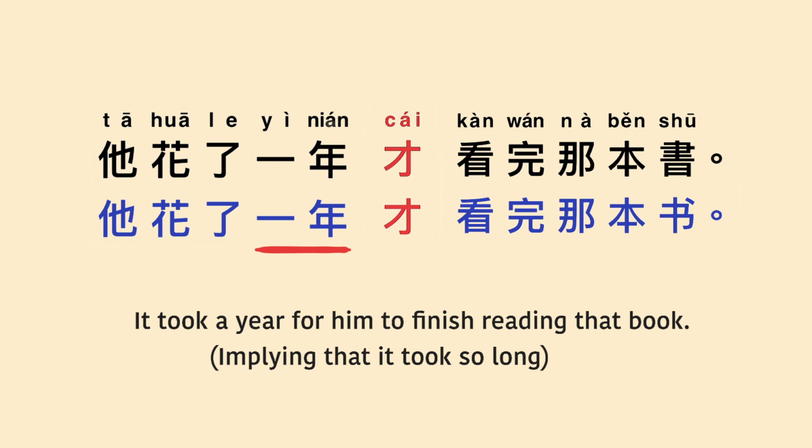If you have watched my previous video about 就, you would know that this usage of 才 is contrary to the 就. 就 shows that the thing or action happened earlier or sooner than expected.